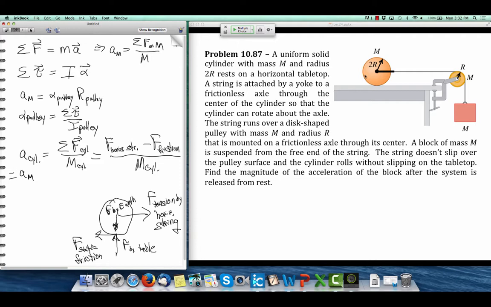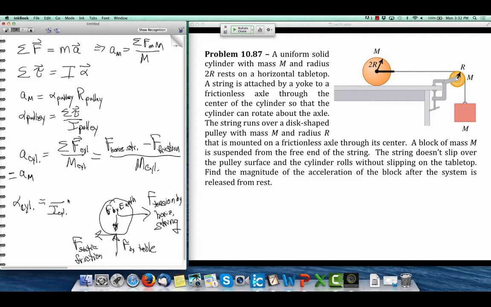But this has two kinds of motion. It's rotating and translating. And so one final equation, the third: the angular acceleration of the cylinder alpha is the sum of the torques on the cylinder divided by the rotational inertia of the cylinder.